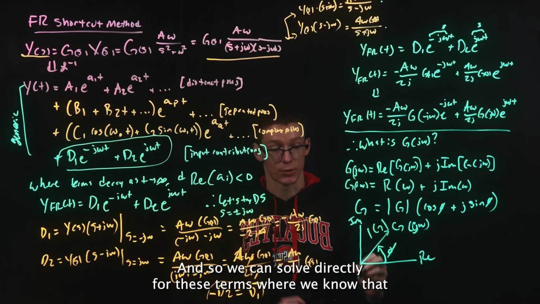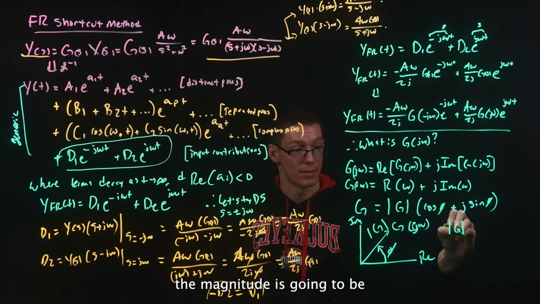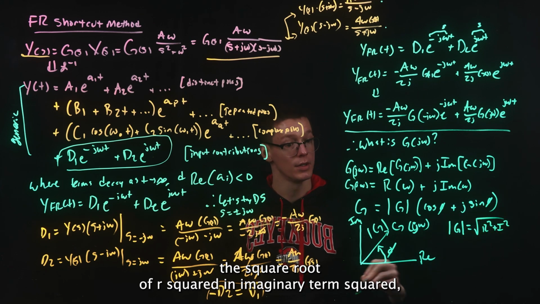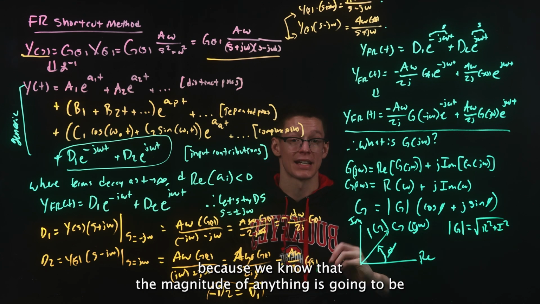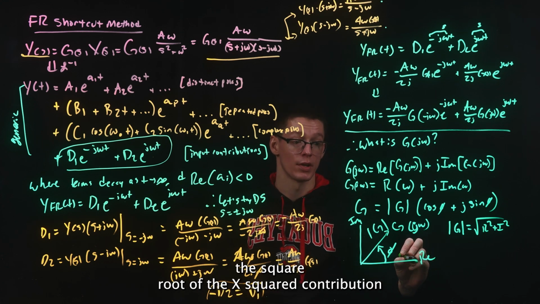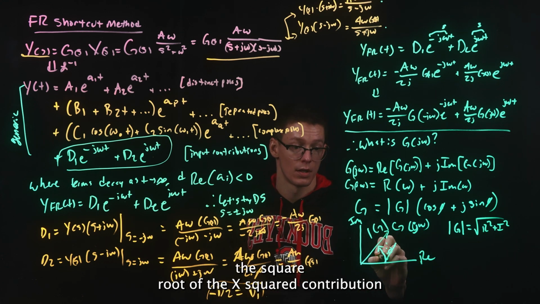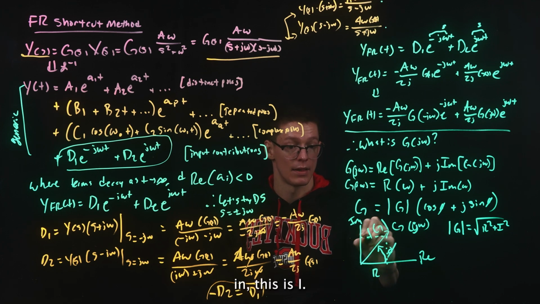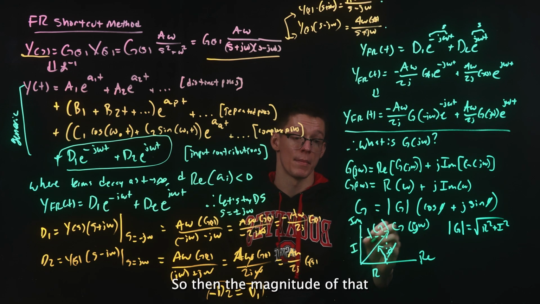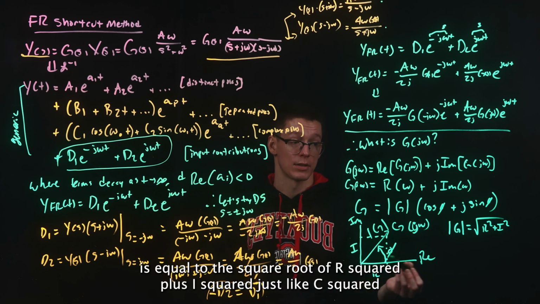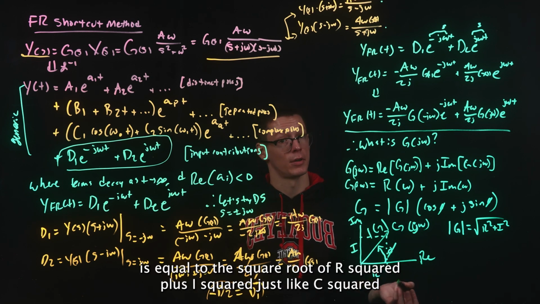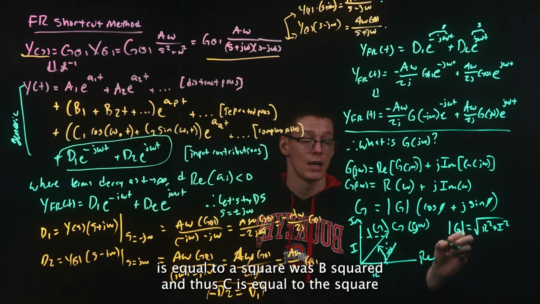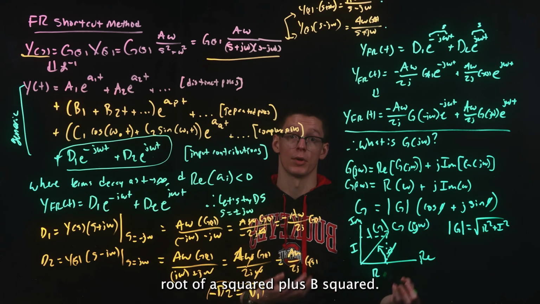And so we can solve directly for these terms where we know that the magnitude is going to be the square root of R squared and imaginary term squared, because we know that the magnitude of anything is going to be the square root of the X squared contribution and the Y squared contribution, where this is R and this is I. So then the magnitude of that is equal to the square root of R squared plus I squared, just like C squared is equal to A squared plus B squared, and thus C is equal to the square root of A squared plus B squared.